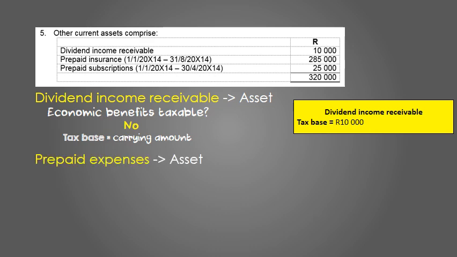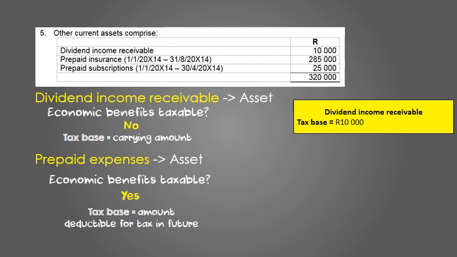When we look at the prepaid expenses, it's also an asset, so we again have to ask ourselves whether the economic benefits will be taxable. The answer here is yes, because we will utilize the insurance and the subscriptions that we have paid. We will utilize that benefit in future, and from this benefit we will be able to run our business and make a taxable income.